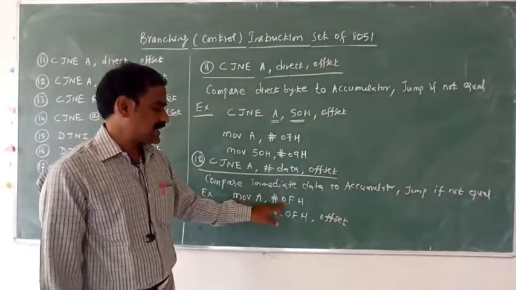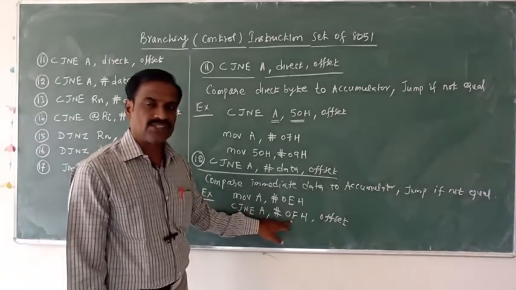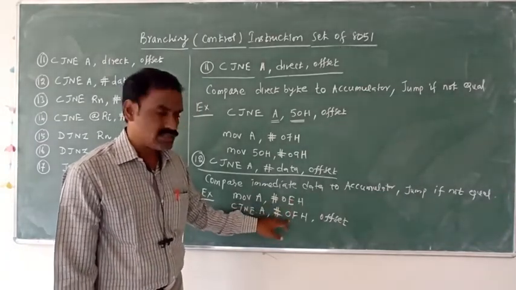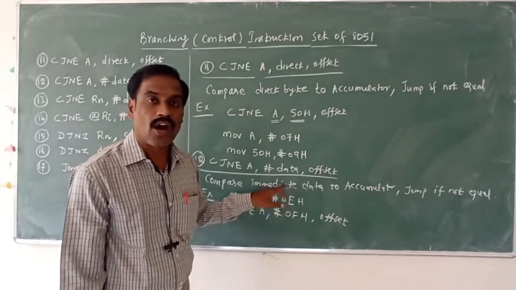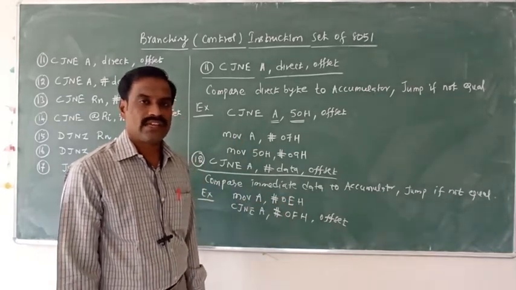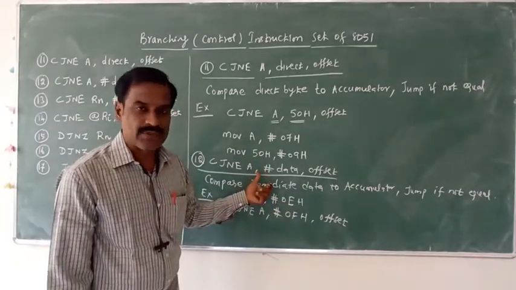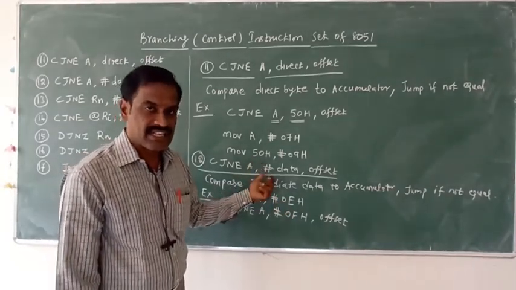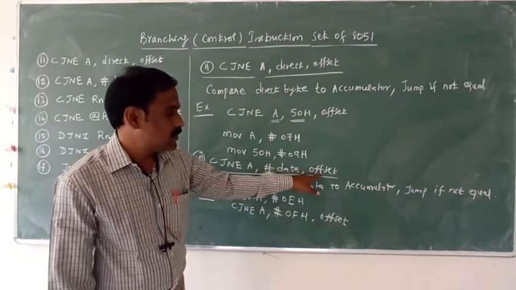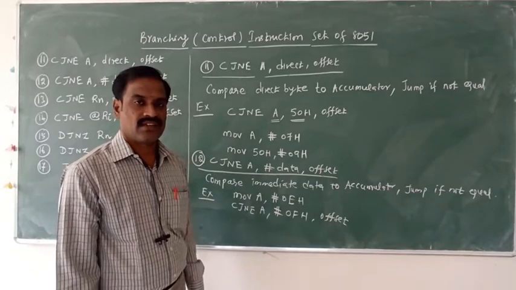Suppose accumulator data 0E and immediately given data 0F. Now to compare these two data, both data are not equal. Not equal means this condition will be satisfied. This condition satisfied means jump to the given memory address location.